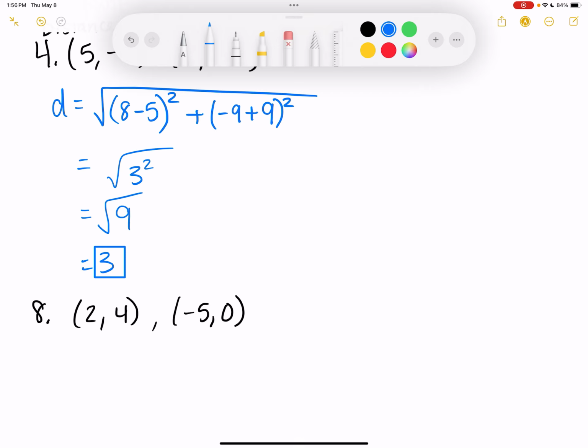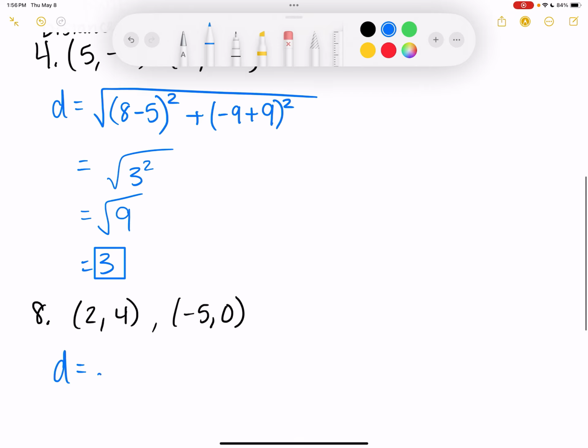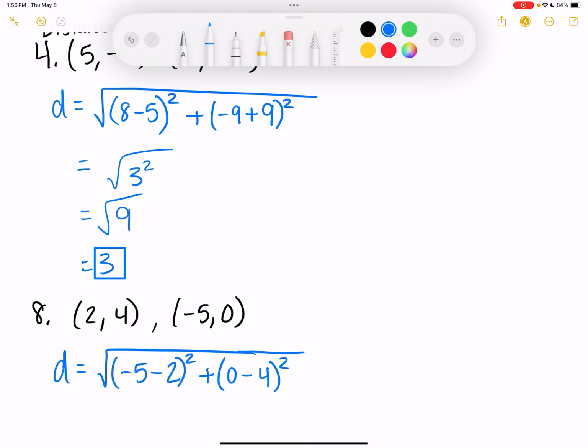All right, so we've got d equals the square root of -5 minus 2. Those are both my x values and I square them. Plus, in parentheses, 0 minus 4. Square that.